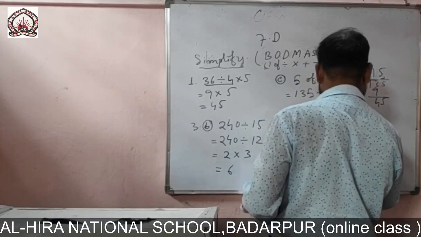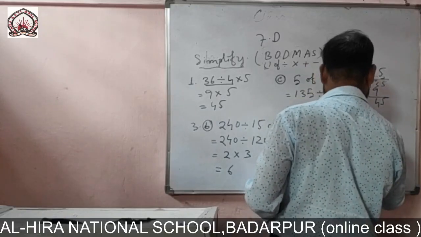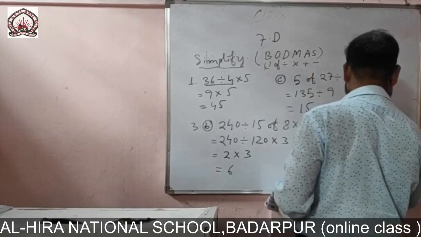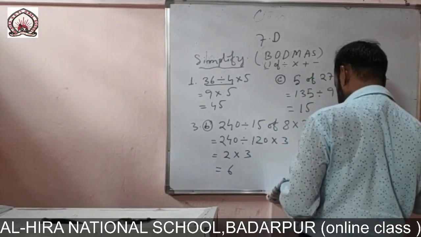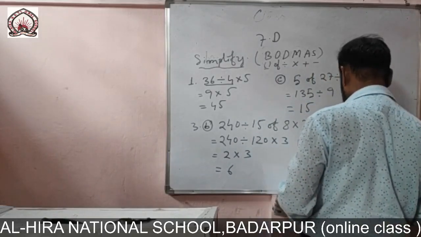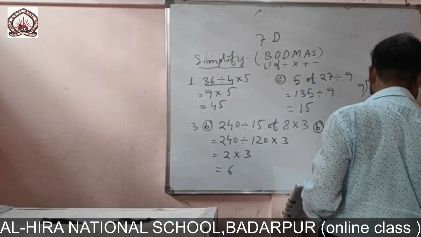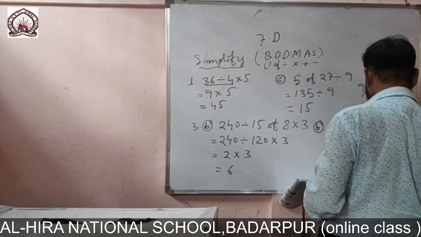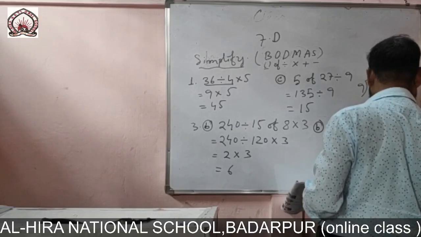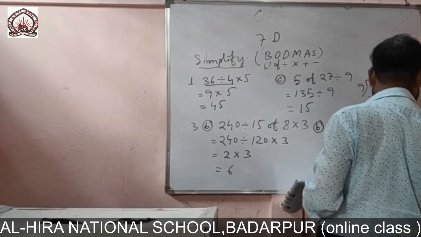128 divide 16 of 4 plus 325 into 7 minus 165.